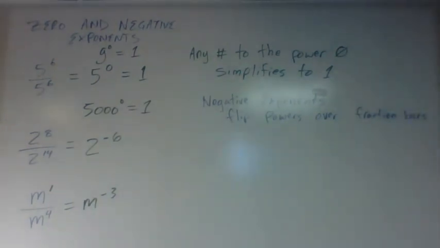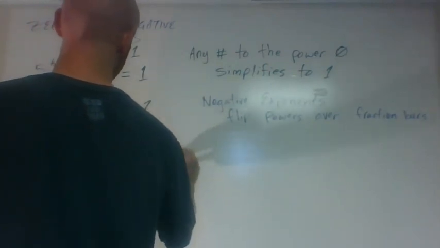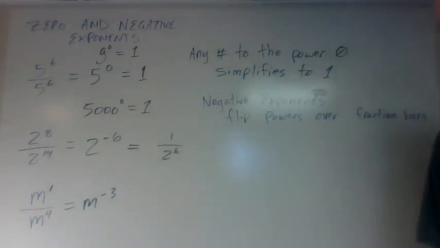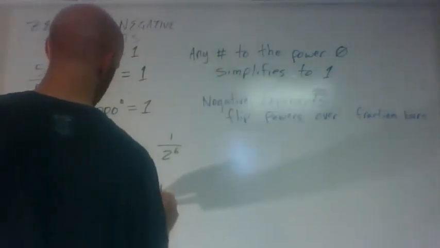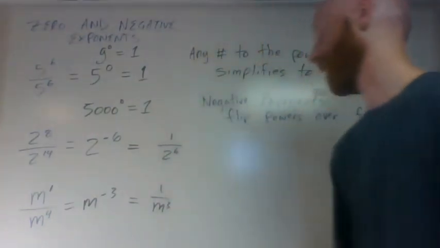What do I mean by this? 2 to the negative 6th is the same as 1 over 2 to the 6th. M to the negative 3rd is the same as 1 over m to the 3rd. Okay?